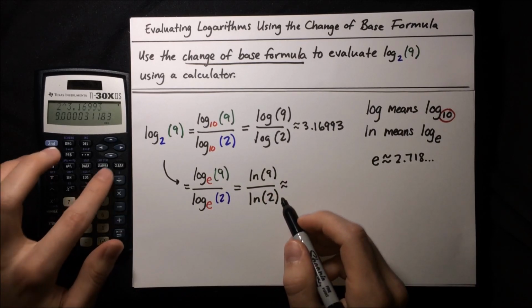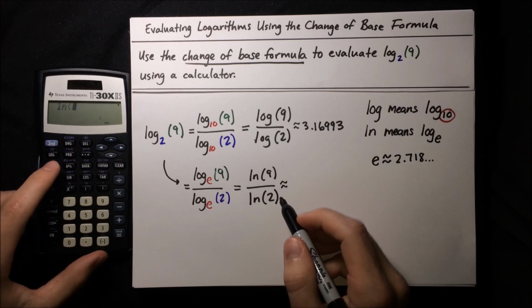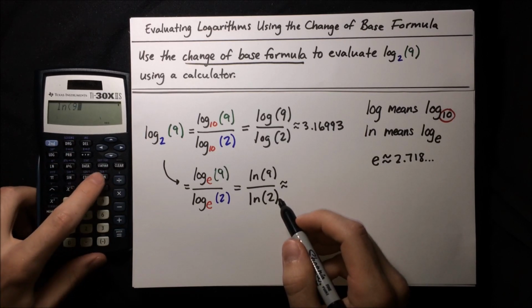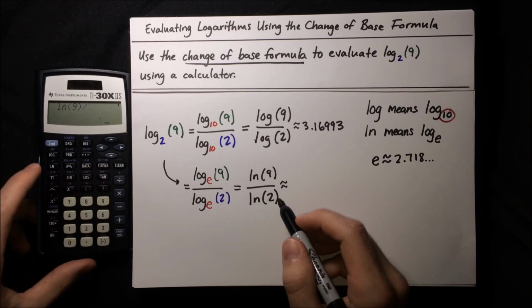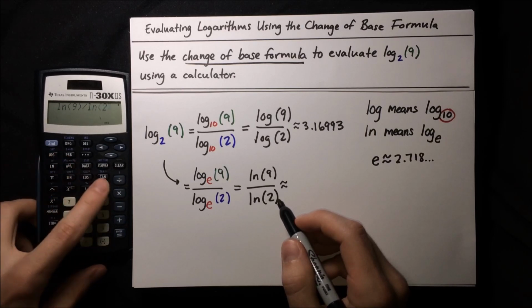So let's go ahead and compute that in there. Natural log ln of 9, then close parenthesis, then divided by ln of 2.